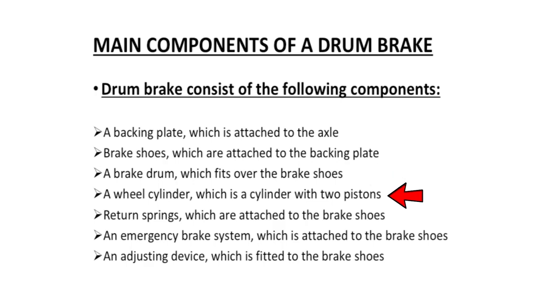We also have a wheel cylinder, which is a cylinder with two pistons. Then we have a return spring which is attached to the brake shoe. And lastly, we have an emergency brake system which is attached to the brake shoe. And also we have an adjusting device which is attached to the brake shoe.